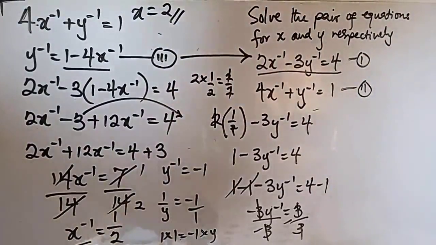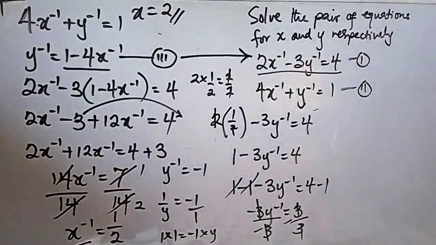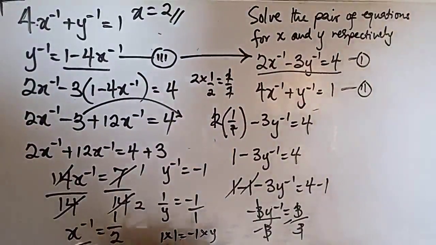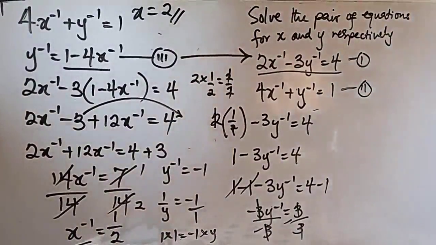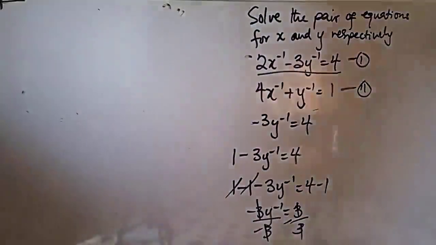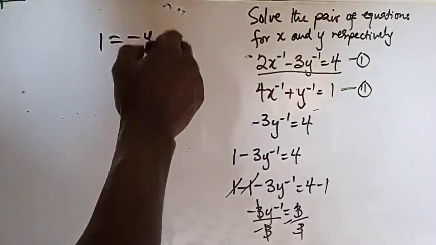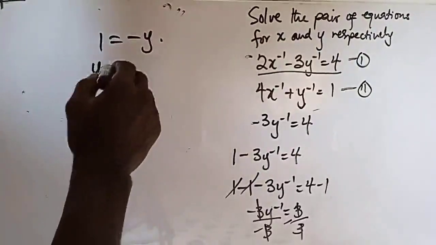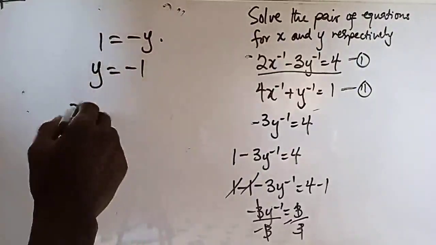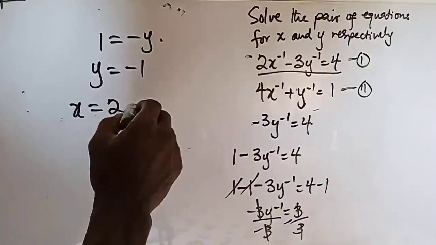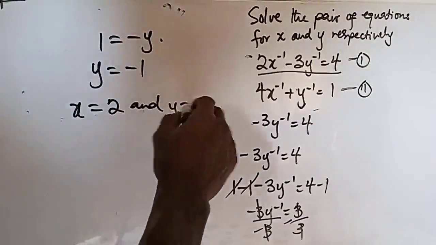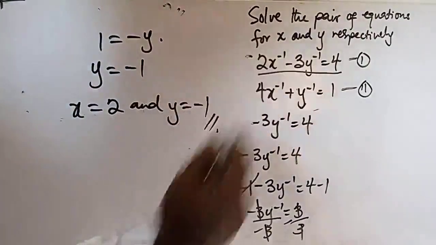Sorry, it's not even showing on the screen. So we have it that 1 equals to minus y. So as such, y equals to minus 1. So our x equals to 2 and y equals to minus 1. Thank you.